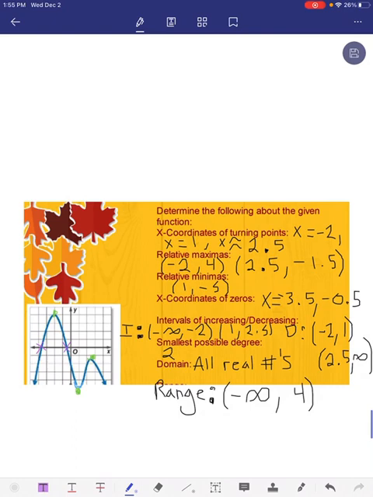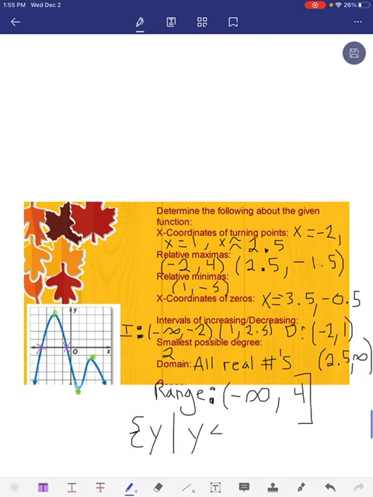So remember that this is called interval notation. So I'm saying that it is from -infinity all the way until I get to 4. And I need a hard bracket or a square bracket around 4 because we include 4. The other way that we can write this is with set builder notation.